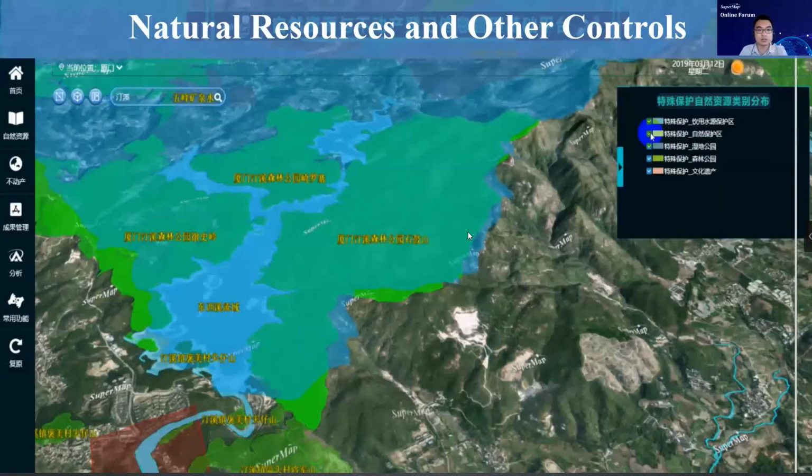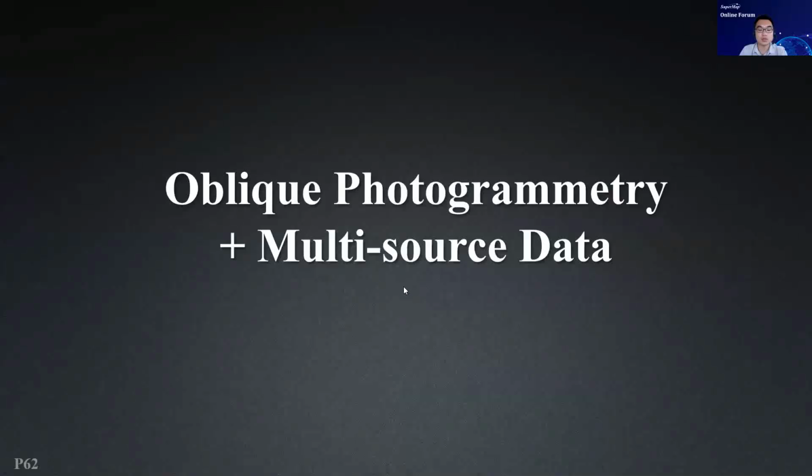And also in some natural resource management systems, you can see from here we overlay some vector data. In some projects, if we only have the optical photogrammetry data, it's not enough.